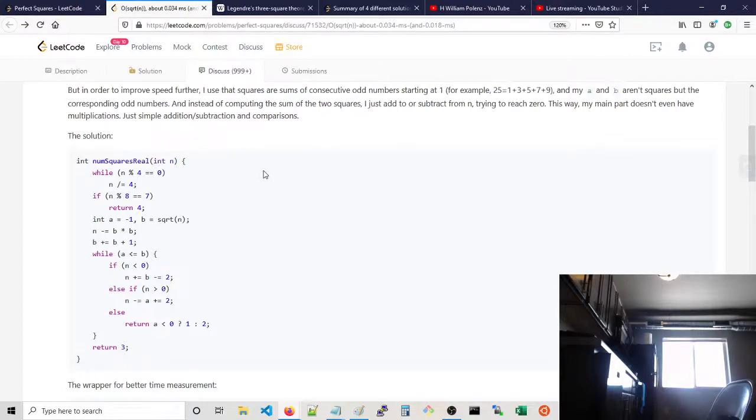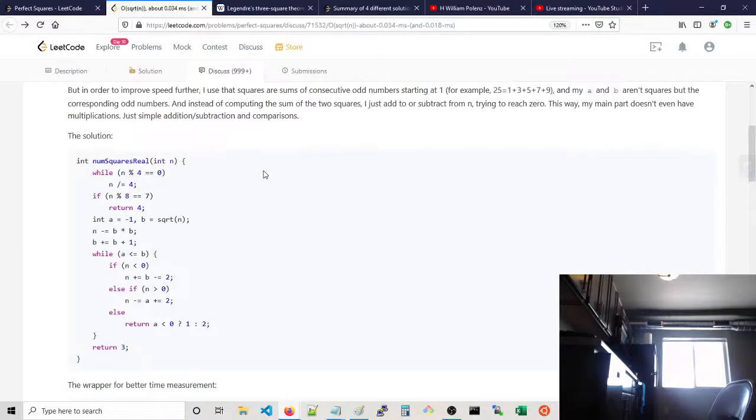So you can just do 1 plus 3 gives you 4. So that's 2 squared. Oh no, it's actually the sum of the first a odd numbers.